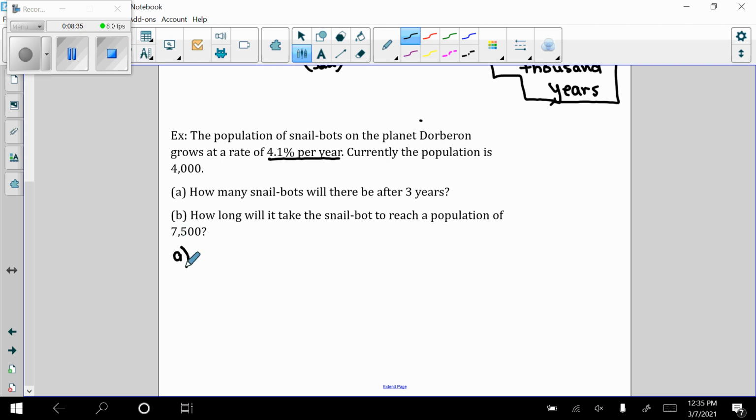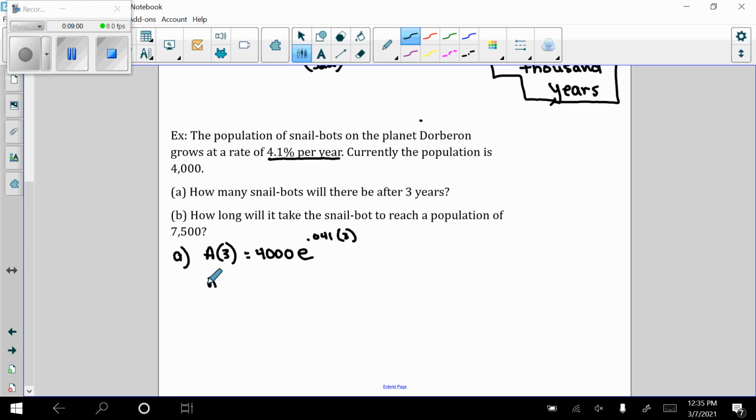Okay, so A is pretty easy. I'm just looking for A of 3, which equals my initial amount, 4,000, times e to the growth rate, 0.041, times 3 years.